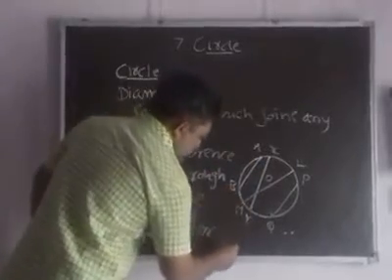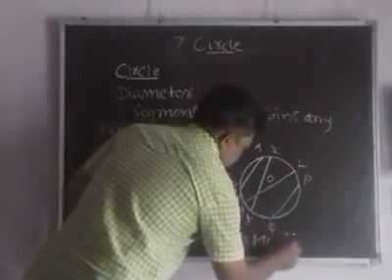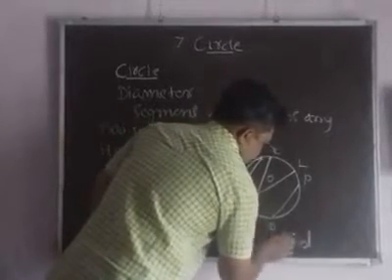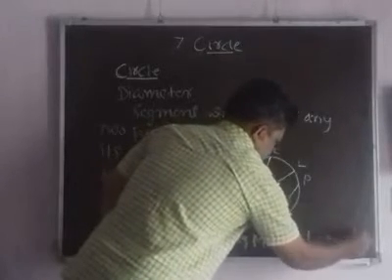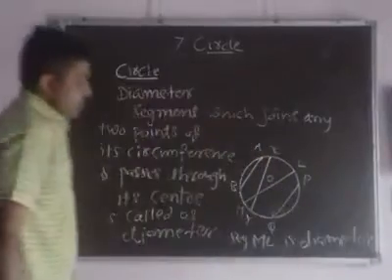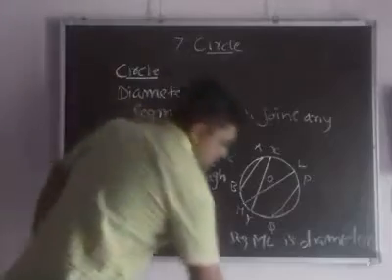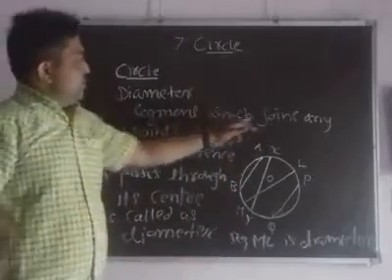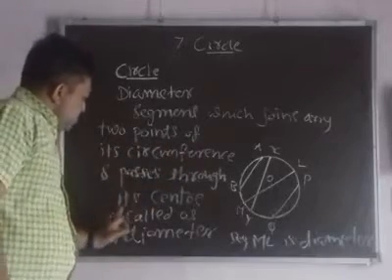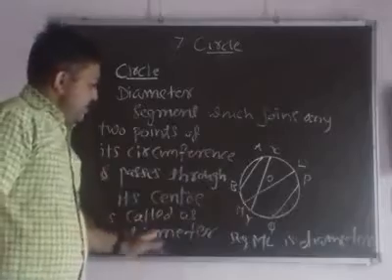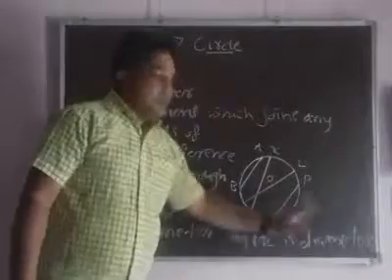Here in this figure, ML segment is a diameter. Okay, this is the definition of diameter: a segment which joins any 2 points of its circumference and passes through its center is called a diameter. Here in this figure, segment ML is a diameter.